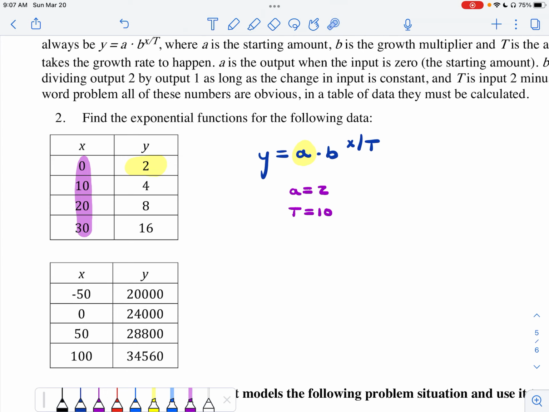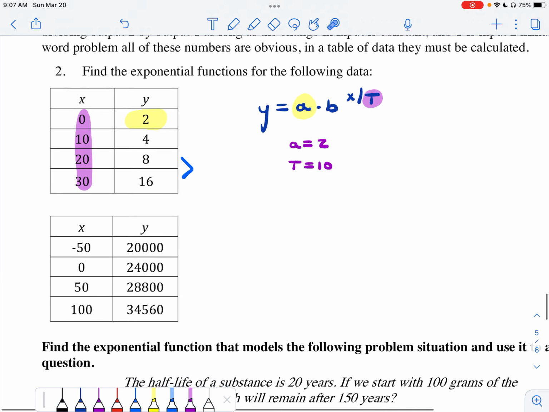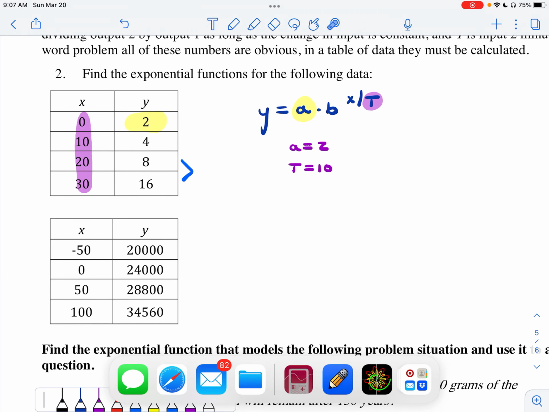Lastly, in order to find our b, which is our growth rate, we just need to take one output value and divide it by the one before it.